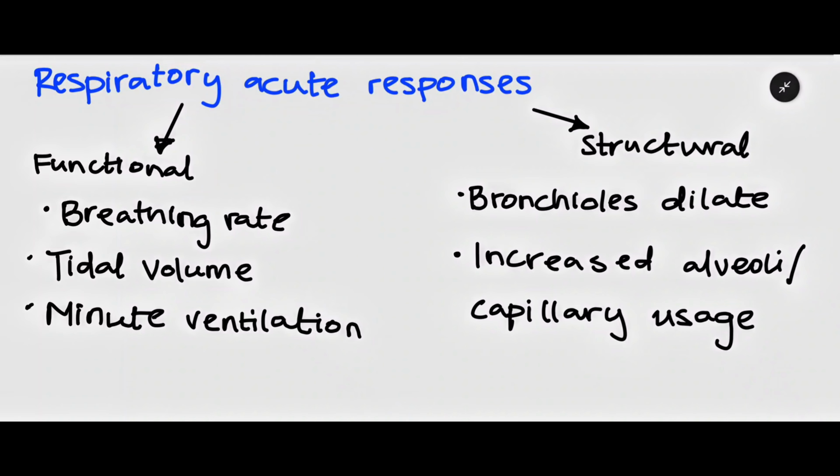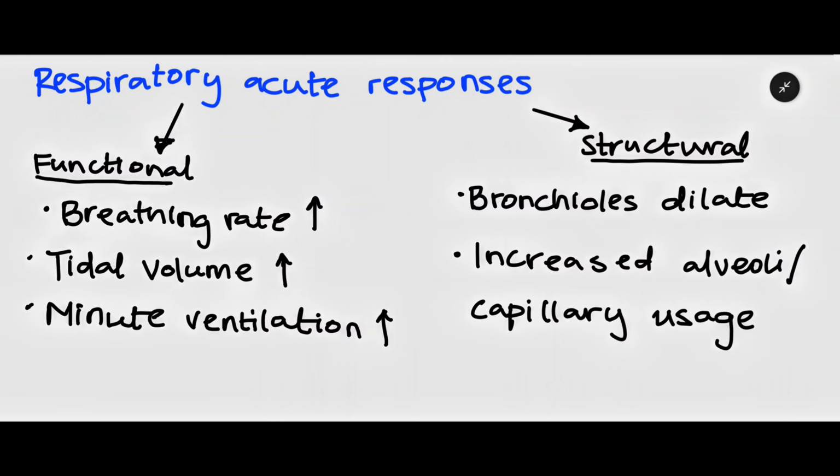All right, now before we end, let's look at some acute responses to warm up and immediate activity. When we talk about acute, we're talking about short term. So really short term, like immediately, what happens to your respiratory and cardiovascular system when you just begin exercising. We're going to look at functional responses and structural responses. For the respiratory system, functional responses are an increase in breathing rate, an increase in tidal volume, and an increase in minute ventilation.